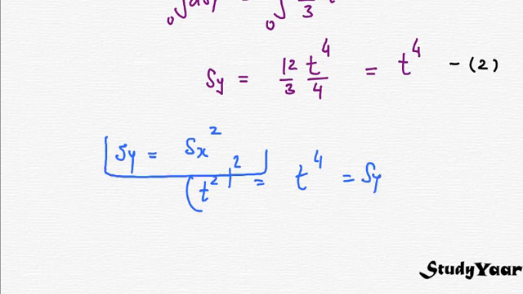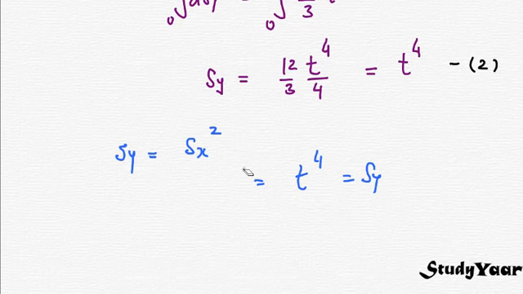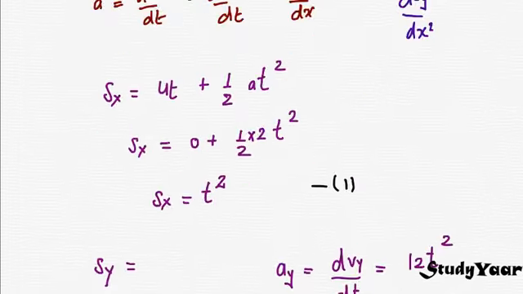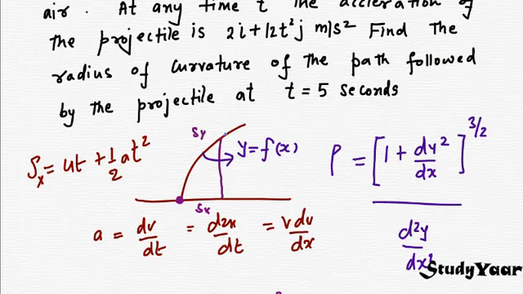So your sy is equal to sx square. Now you have established the relationship between y and x coordinates of your projectile at any given time t. Now you can just use this to get at the rho.